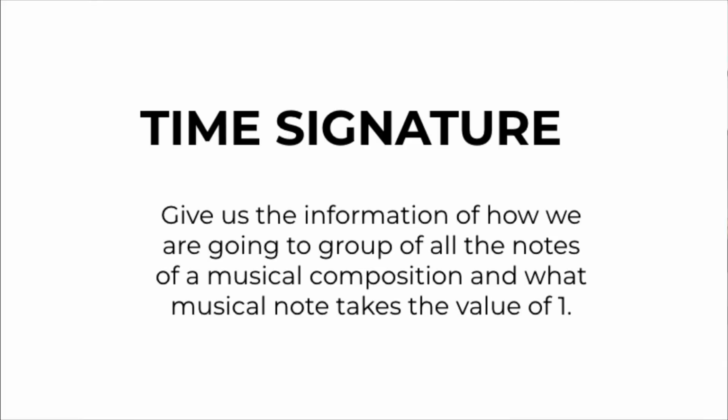Meditate on that, okay? Because this is very important for you to understand. Again, time signature gives us the information of how we are going to group the musical notes and what musical figure takes the value of 1. That's it. Now, let's see how that happens.